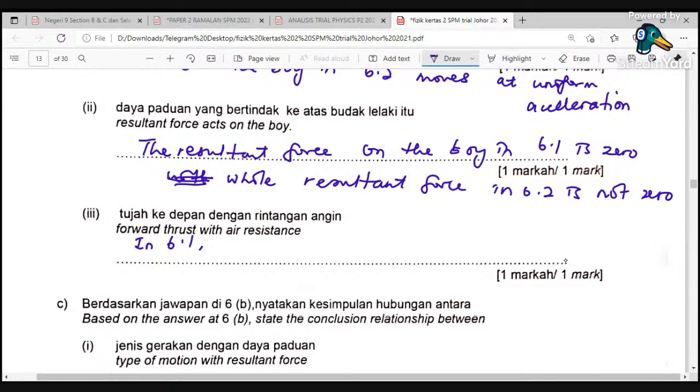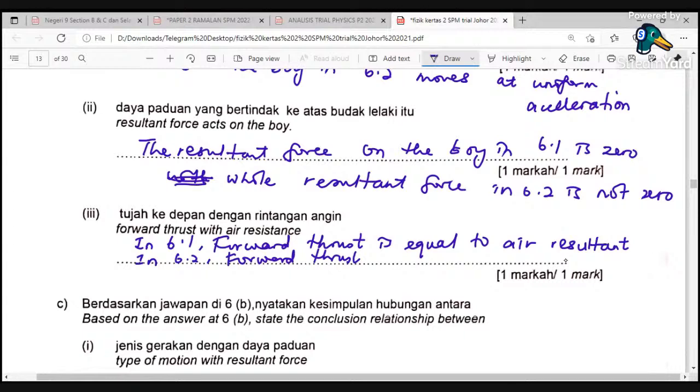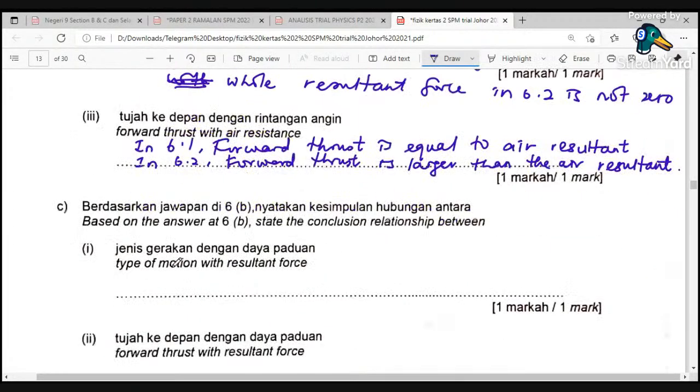In 6.1, forward thrust is equal to air resistance. Sebab dia constant speed and not 0.